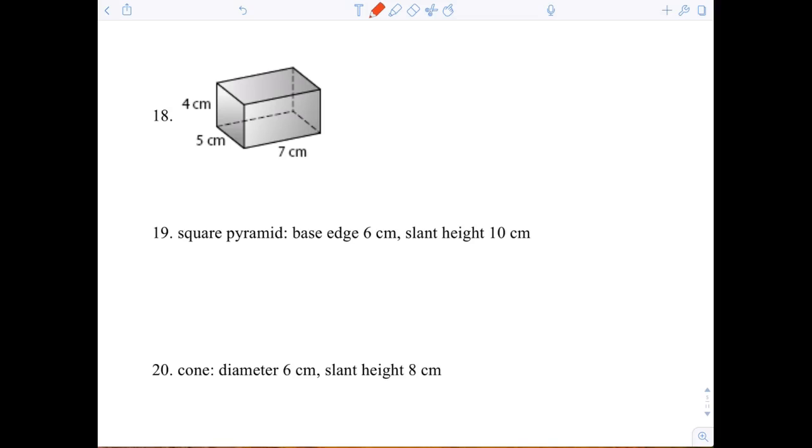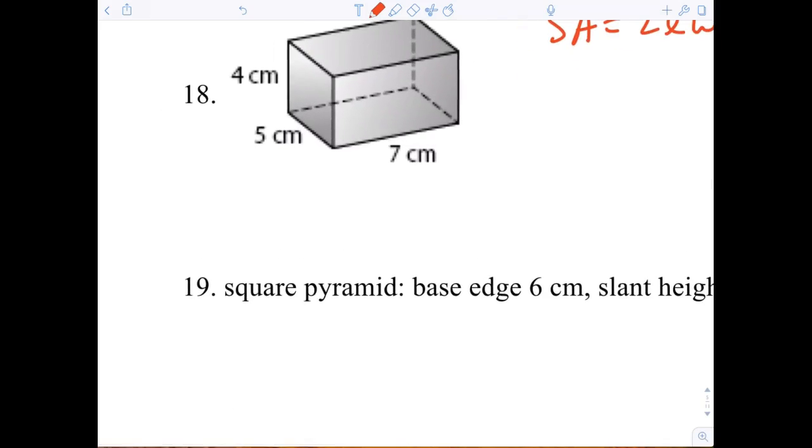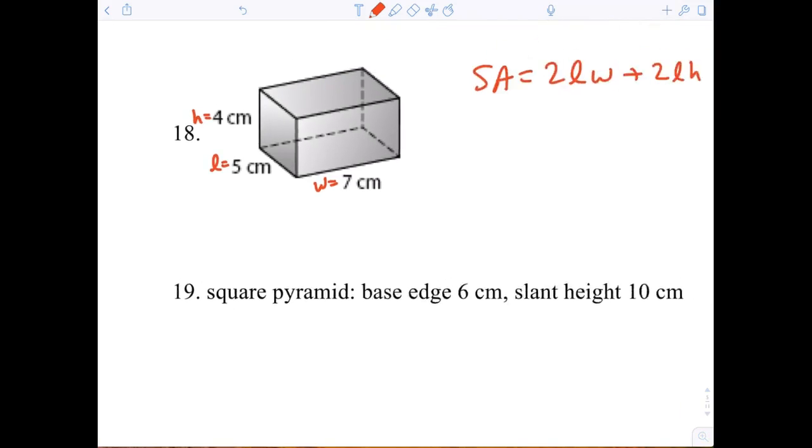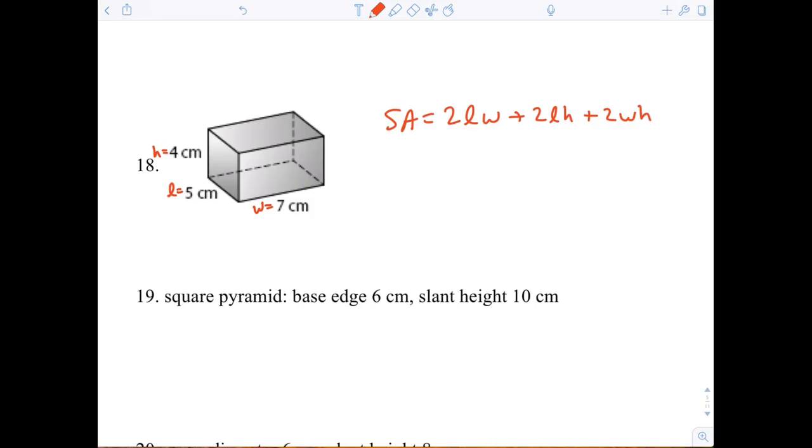All right, now surface area. Remember, for your rectangular prism, surface area is 2LW plus 2LH plus 2WH. Now, in my opinion, it's easy just to go ahead and mark on the figure H equals, L equals. It doesn't matter what letter goes where, not for these, because all sides are being used twice.